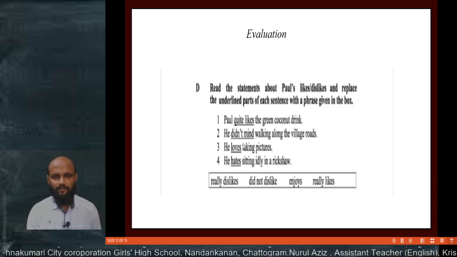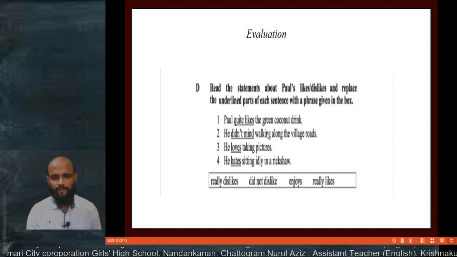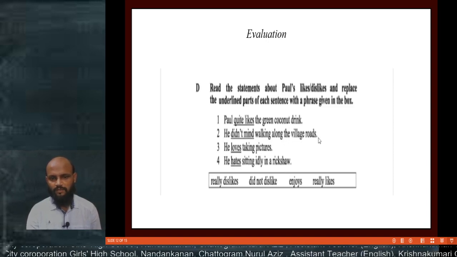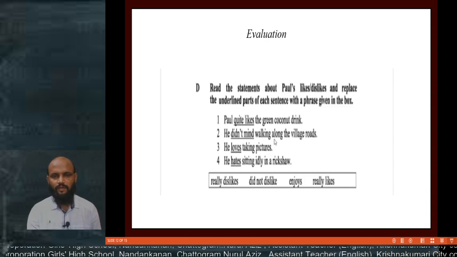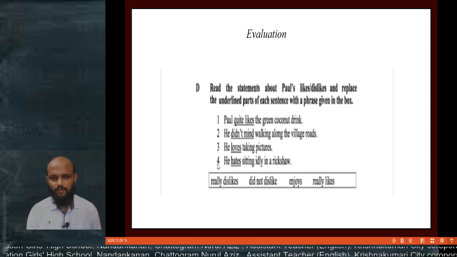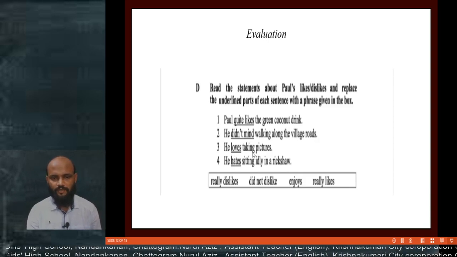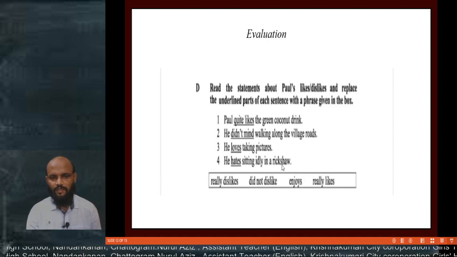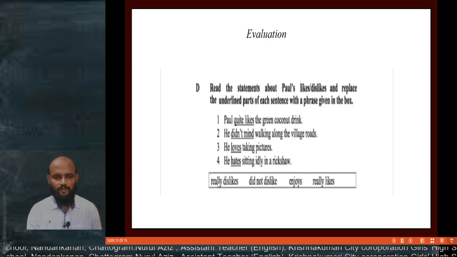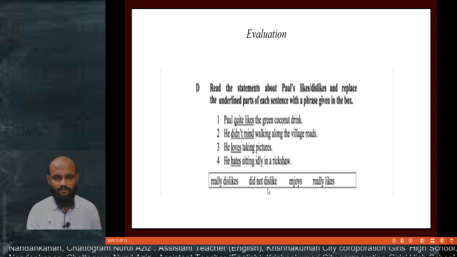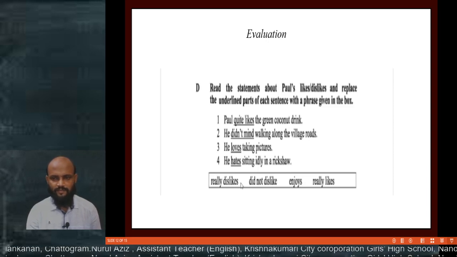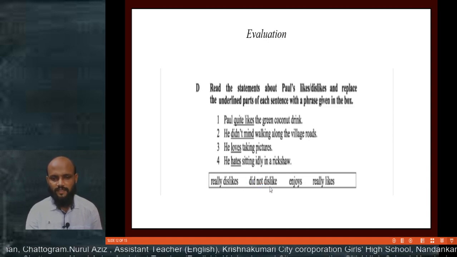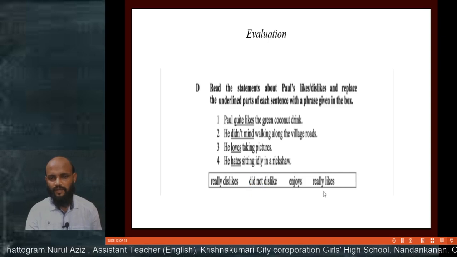Again, didn't mind walking along the village roads. He didn't mind walking along the village roads. He loves taking pictures. He hates sitting idly in a rickshaw. So there are 4 different phrases: really dislikes, did not dislike, enjoys, really likes.